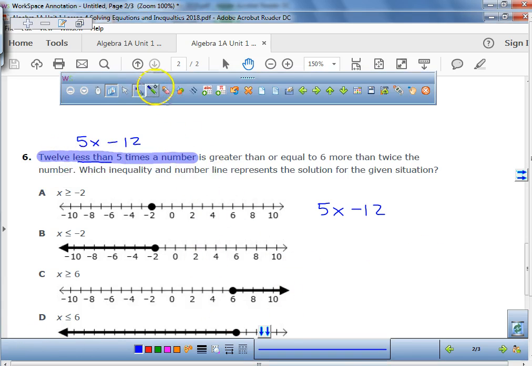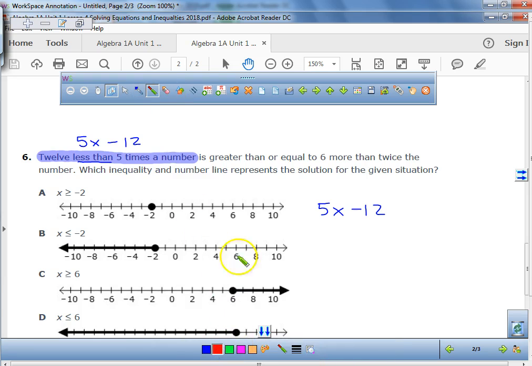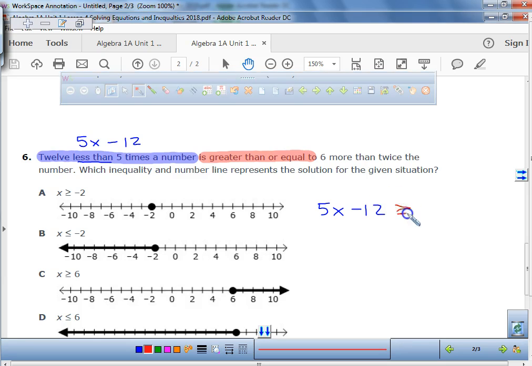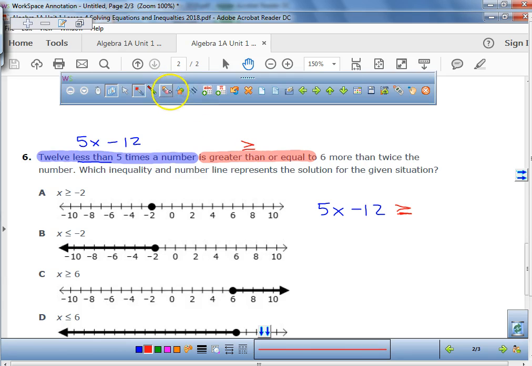Alright, next part, I'm going to highlight. Right here it says, is greater than or equal to. So I got to make the right symbol. All right, so I got to put the greater than or equal to sign right there. That's the greater than or equal to sign.